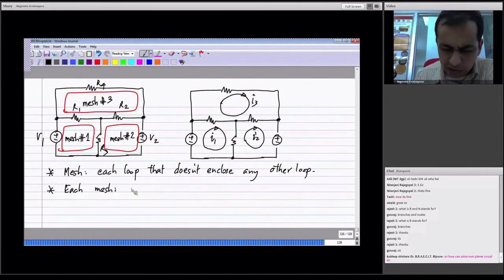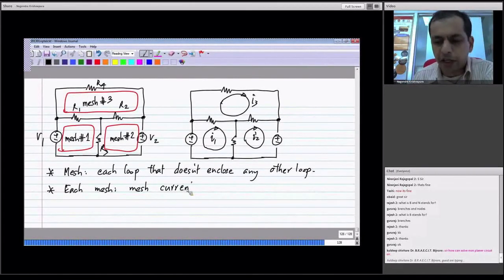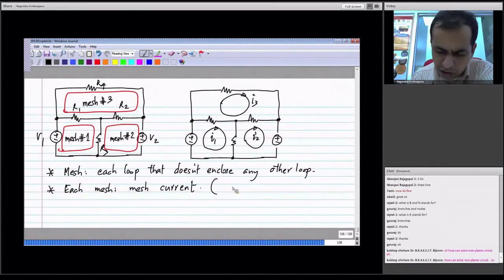Each mesh has a mesh current. By convention we will take all of them to be clockwise. You can take all of them to be counterclockwise and you will get the same results, but our convention is to take all of them in the clockwise direction.